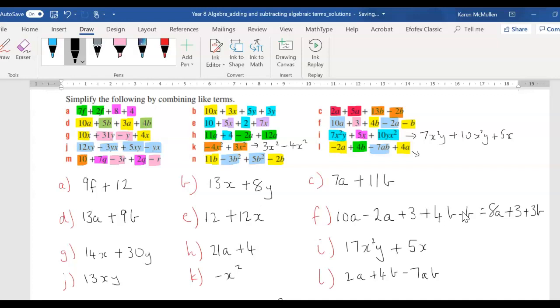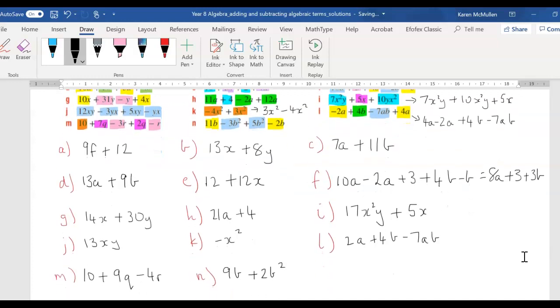So I might write that here. So you could write the 4a first, then the minus 2a, right? Because you might be able to do 4 minus 2 more easily than negative 2 plus 4. You get the same thing. All right, and then we've got 4b minus 7ab.